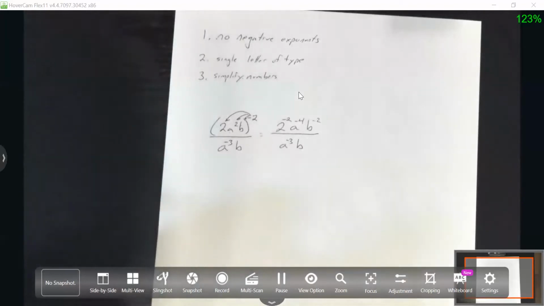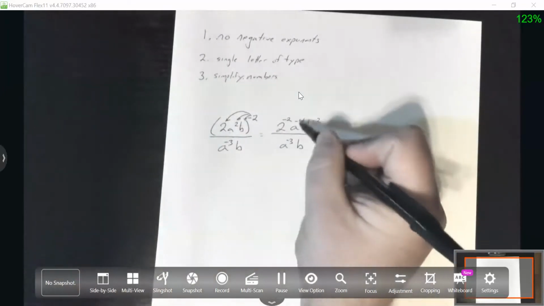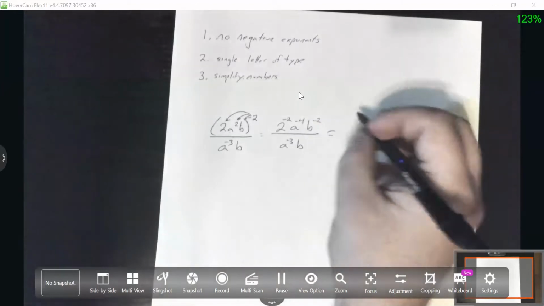Now from here, honestly, it's kind of up to you. My personal preference is next to get rid of negatives. I'll move anything that I need to move because I find that a lot of people will make mistakes dealing with negatives in these scenarios. So anything negative, I'm going to move to a different part of the fraction.